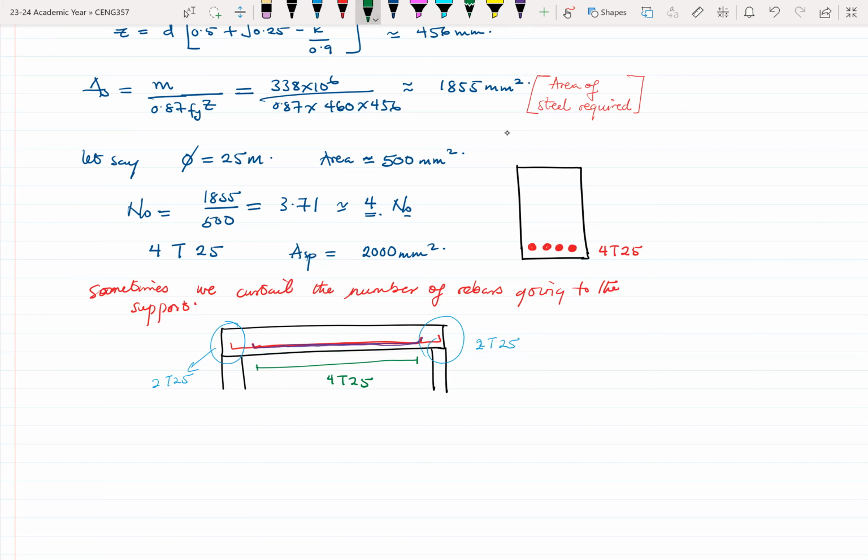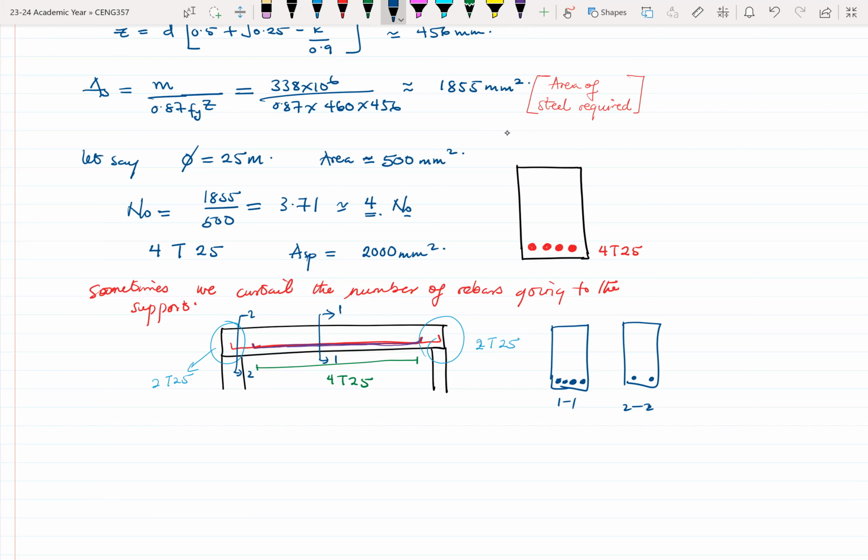So it means that if you cut a section through here, let me call it section 1-1, and you cut another section 2-2. For section 1-1, you have 1, 2, 3, 4. Right. Then for section 2-2, depending on how you curtail, you might end up with just 2. So it means that the middle portion does not go all the way to the end of the bar.